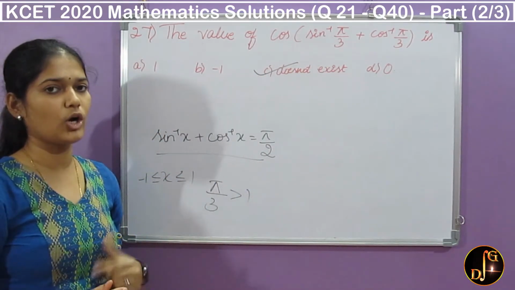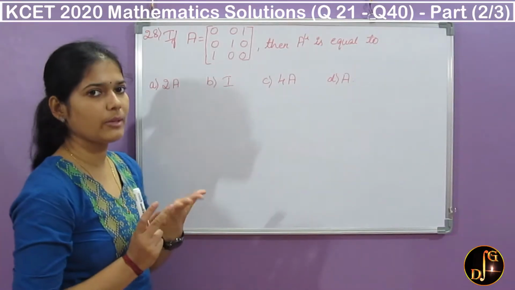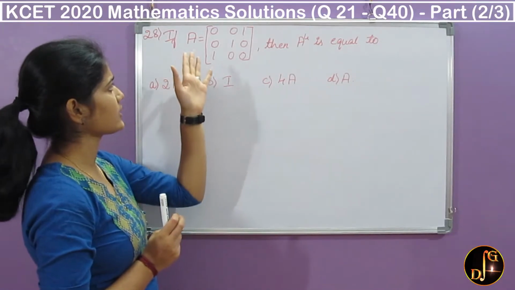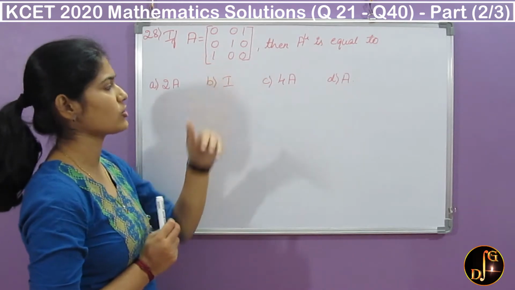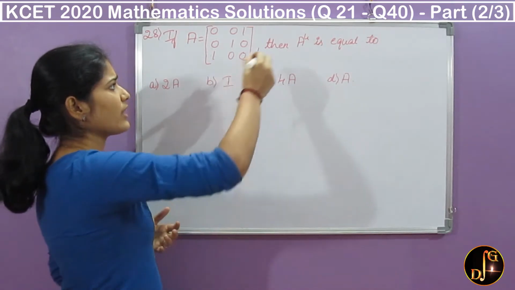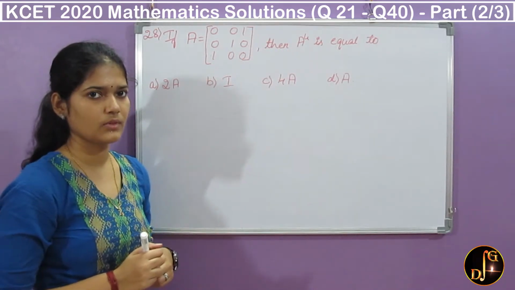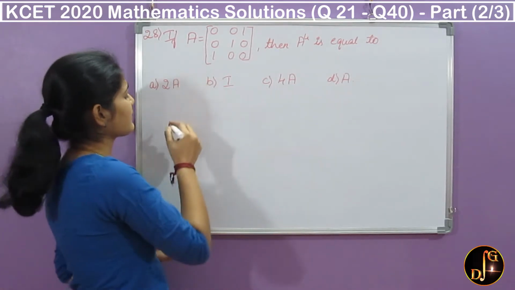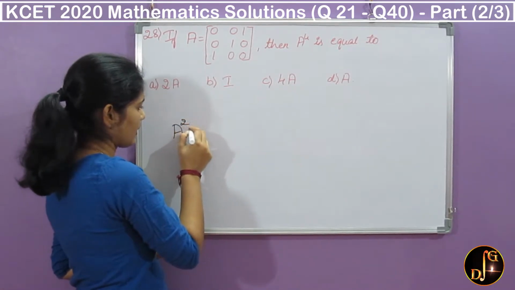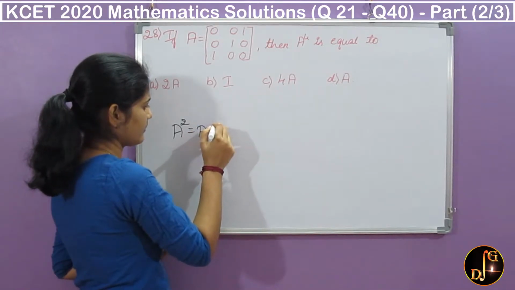Now let's move on to the next problem. In this problem it is given that the matrix A is [0, 0, 1; 0, 1, 0; 1, 0, 0]. Then we have to find A power 4. How to find this? Let's find A square. A square means A into A, right?